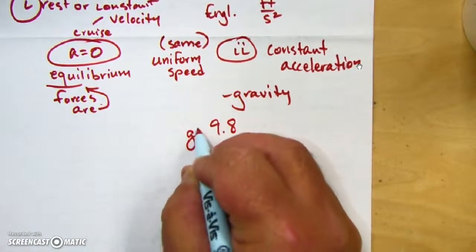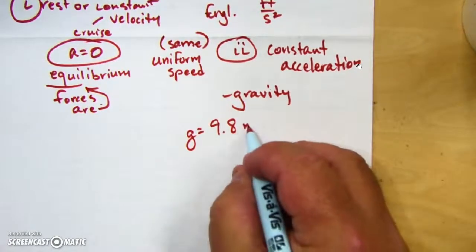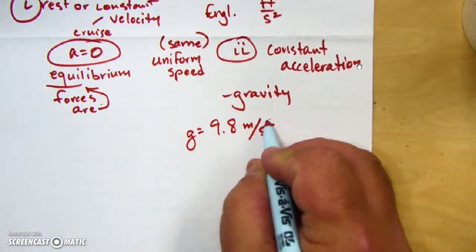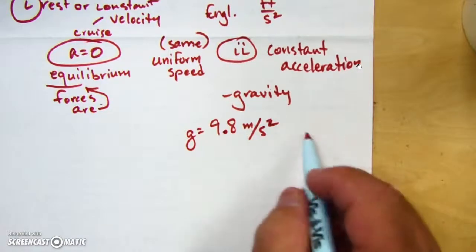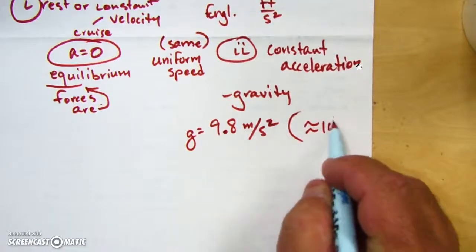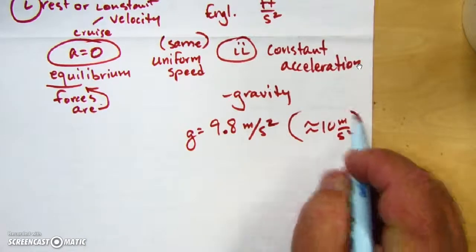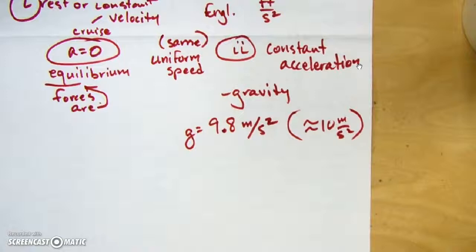It's called lowercase g, 9.8 meters per second squared. So what that means is the speed of a falling object is changing 9.8 meters per second each second. So if it's approximately 10 meters per second squared, that's close enough to give us ballpark answers.